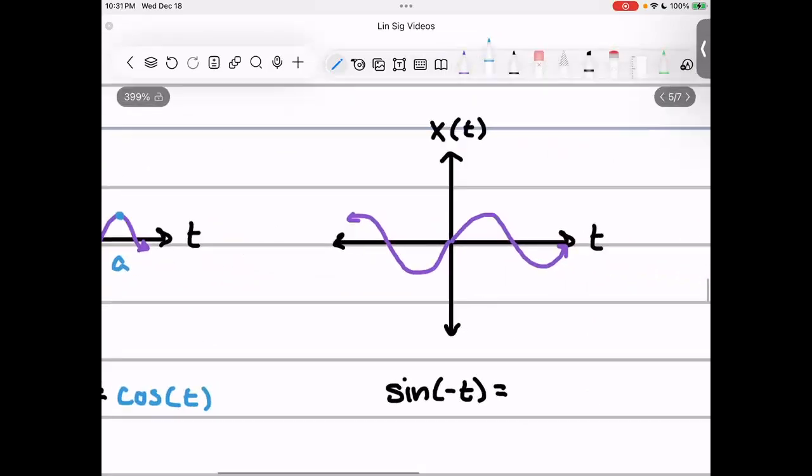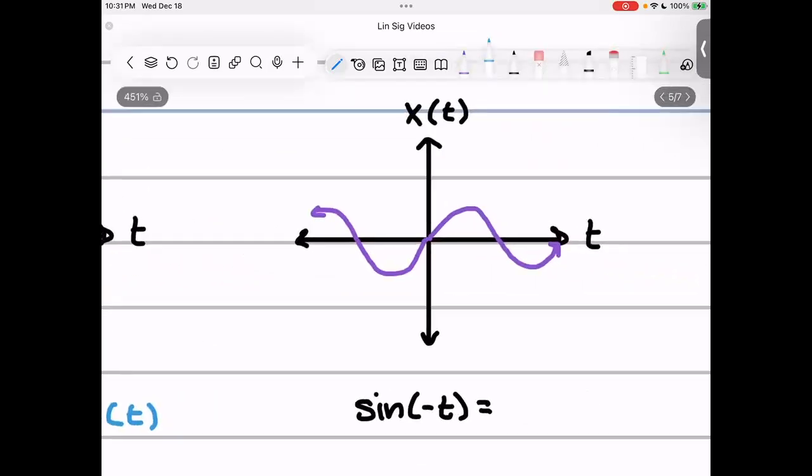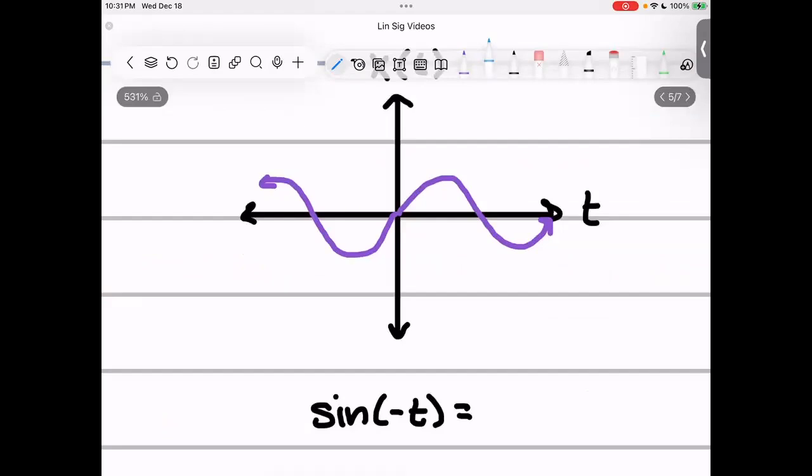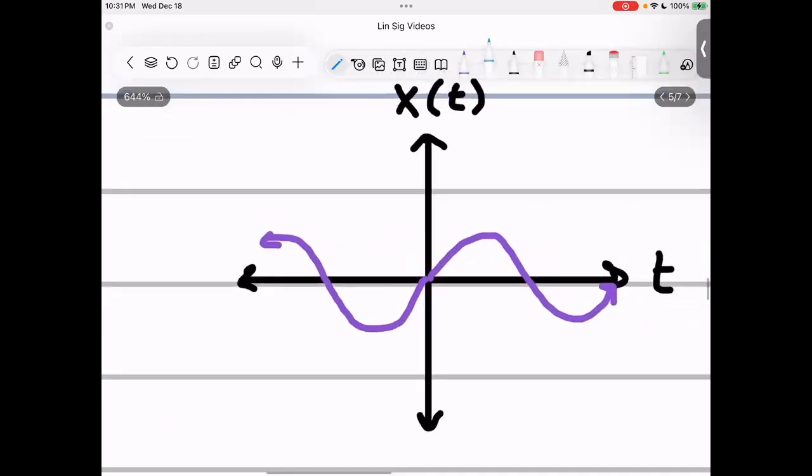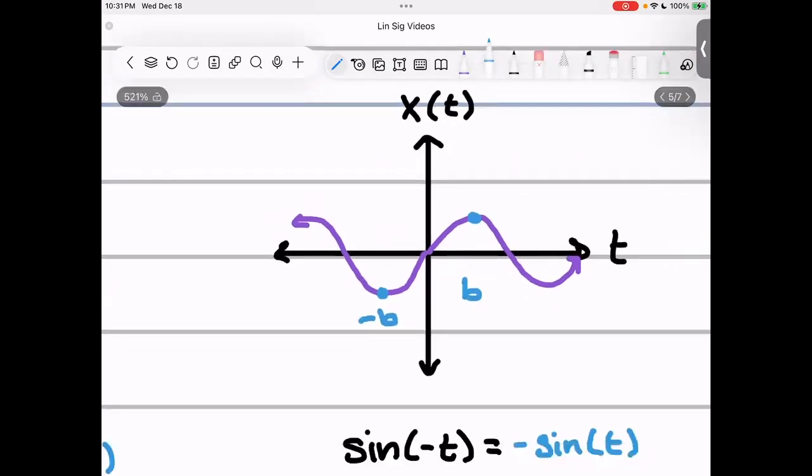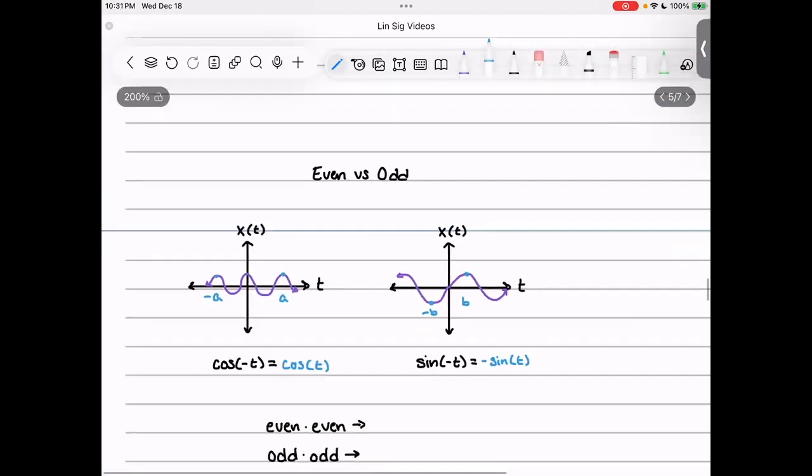However, with odd functions like sine, there's some kind of mirroring effect, a reflection going on, where it's not directly even. Instead, sine of negative t is the same output value as negative sine of t. You can see here that if we pick a point b and then negative b, one's a negative version of the other, so this checks out.